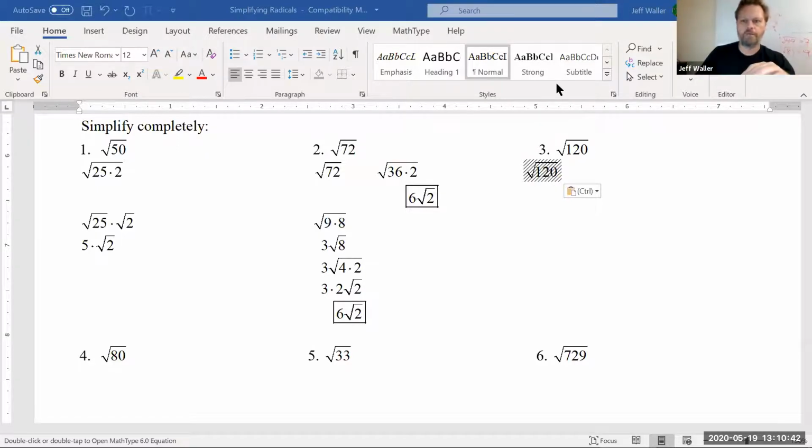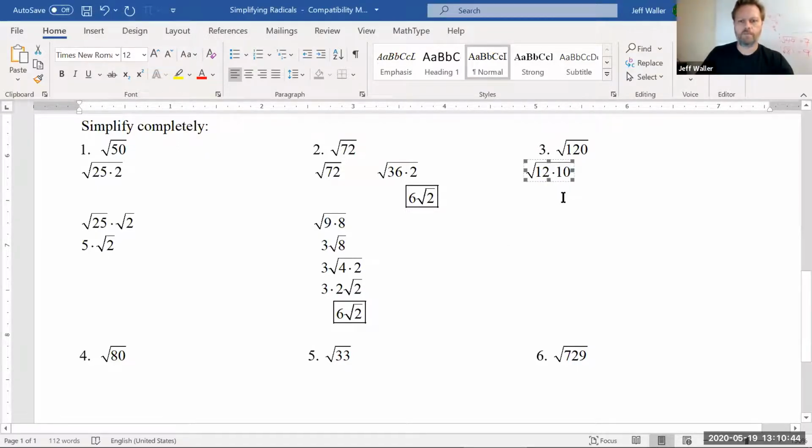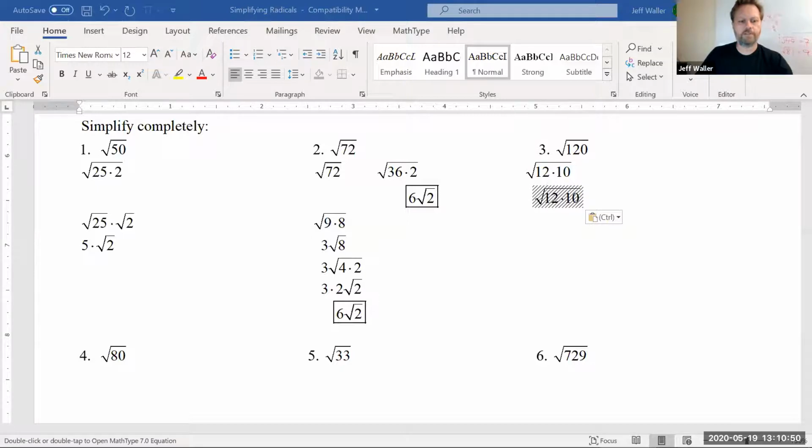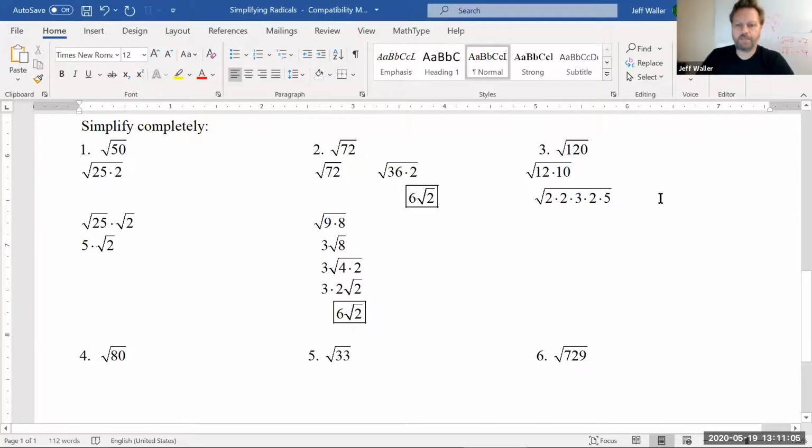I can break 12 down. 12 is 2 times 2 times 3. Is that all right? There's no square root of 12 or 10. That's right. So is there no square root for the problem? Can it be broken down further? Is this the one that you said that there's one that wouldn't? There's one that can't be done, but this one can be done.